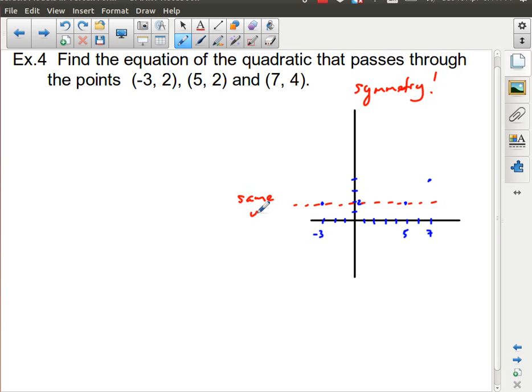In this case, it's y equals 2. So the points -3, 2 and 5, 2 are symmetric.